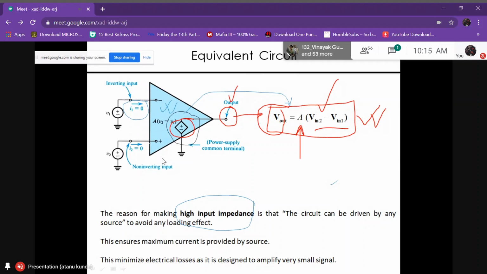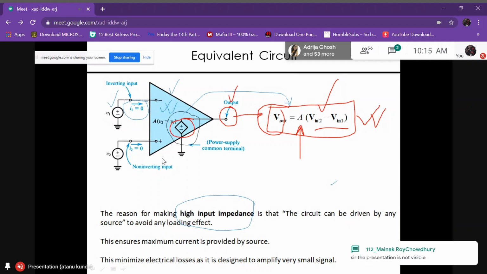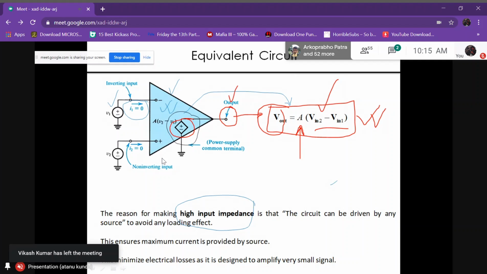Then it will be difficult to work with the input signal if that signal level is very small and the maximum current of that input signal is consumed by the internal circuit of the op-amp. The voltage or signal level will be mostly wasted. The op-amp already deals with very small signals, microvolt or nanovolt level, and the currents of those signals are also very small.